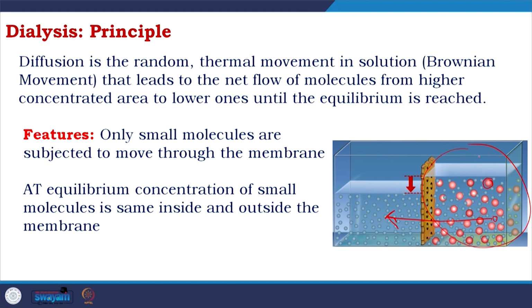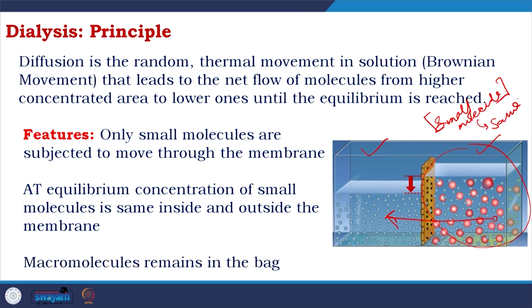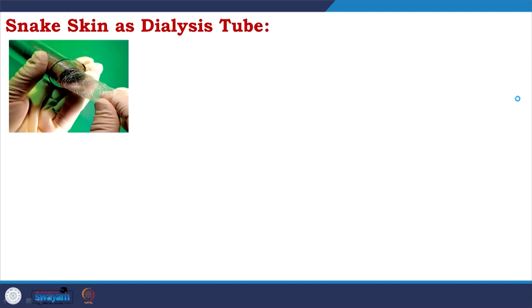So on this side and on this side, the small molecule concentration would be the same, right? Macromolecules remain in the bag. So it also helps in increasing concentration. An example is snake skin.